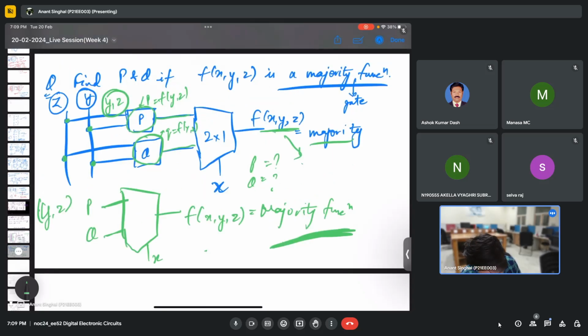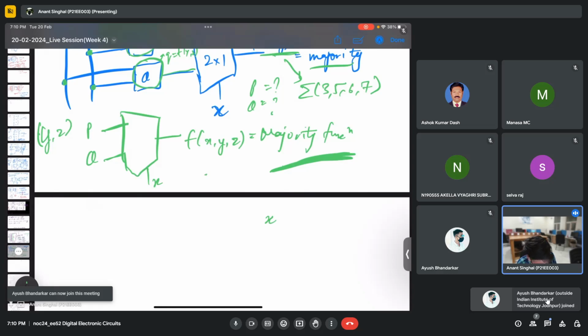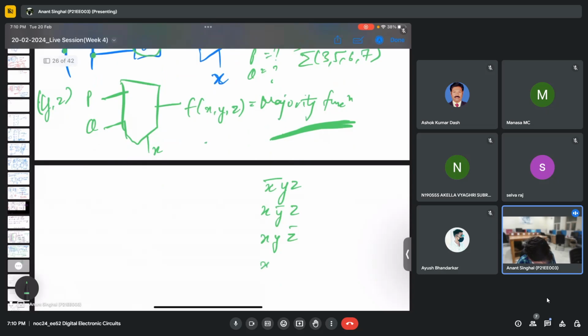This is nothing but, if you remember, 3567. I hope you already remember this. So 3567 in terms of x, y, z: 3 will be 011, 5 will be 101, then 6 will be 110, and 7 will be 111.